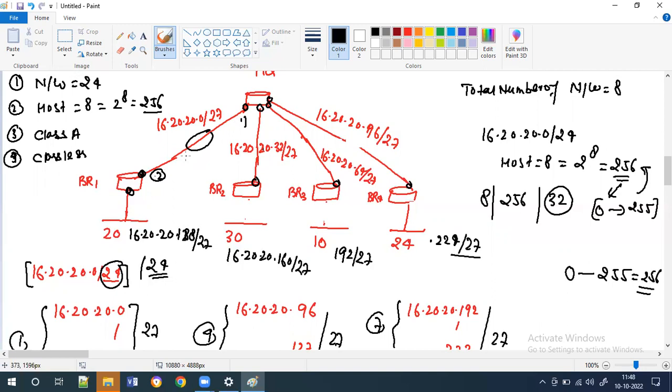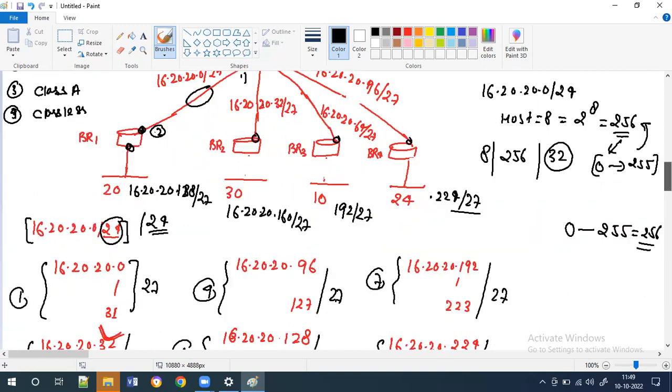That is 2 IP addresses. So subnetting from the host point of view, we pick the site with the maximum number of hosts. Branch 2 is the site with the maximum host requirement.